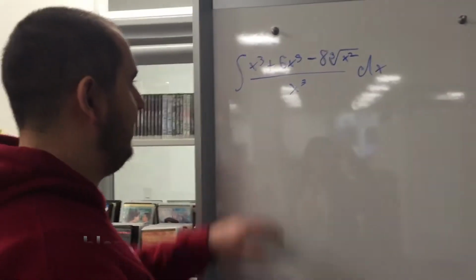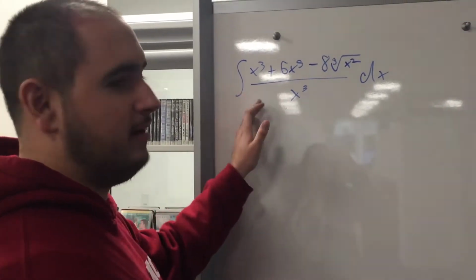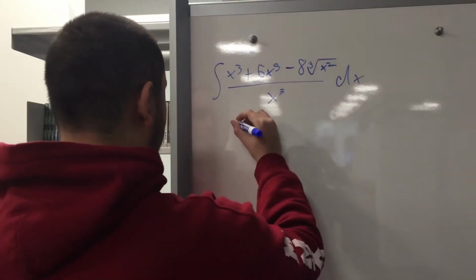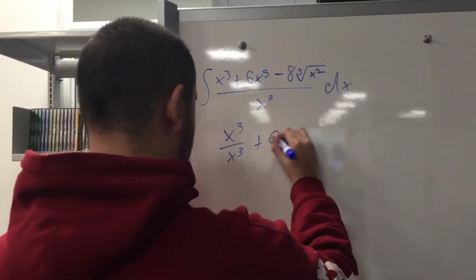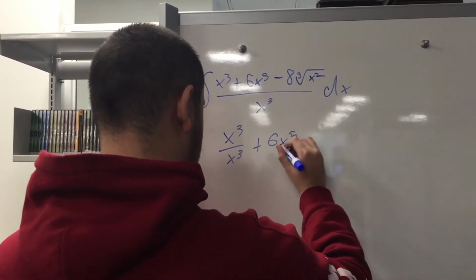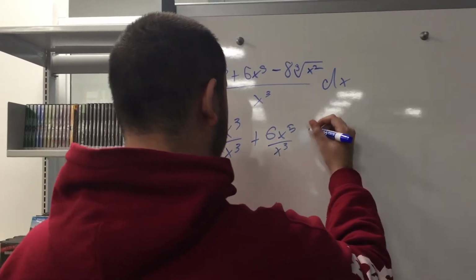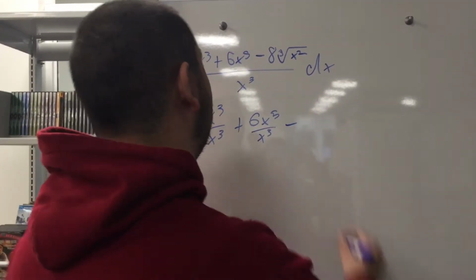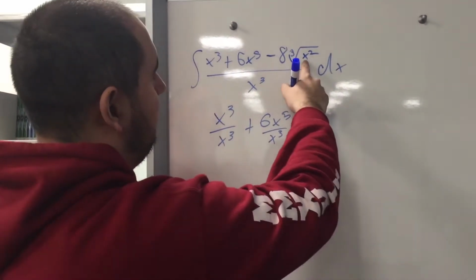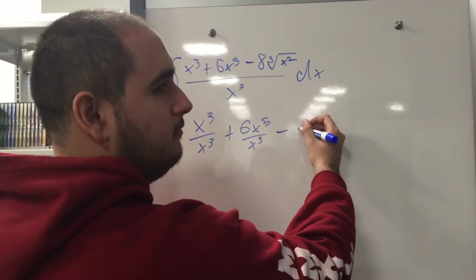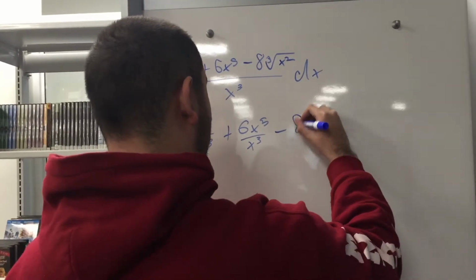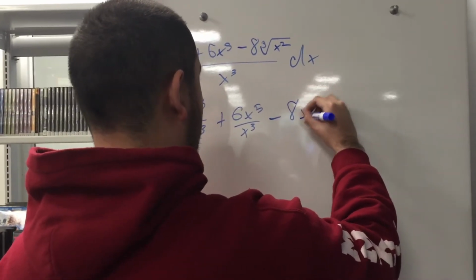First, you need to move the x cubed from the bottom to each one of the terms, like this. And you need to change the cubic root from this one to fraction, like this.